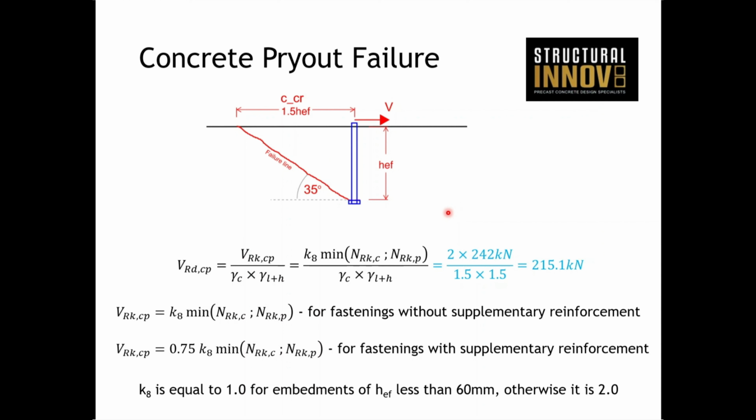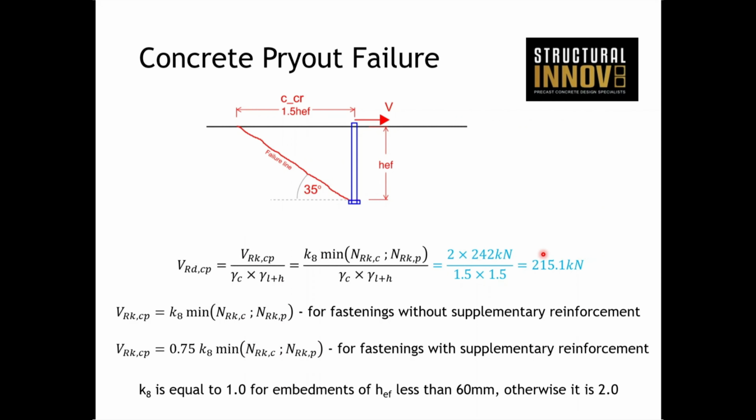It's a function of the concrete cone failure in tension. So we calculated that previously, we bring it forward, and we work through this simple formula again. And because we have a considerable depth into the unit, greater than 60 millimeters, we have another factor that we can avail of there of 2. So again, 215 is your pry-out.